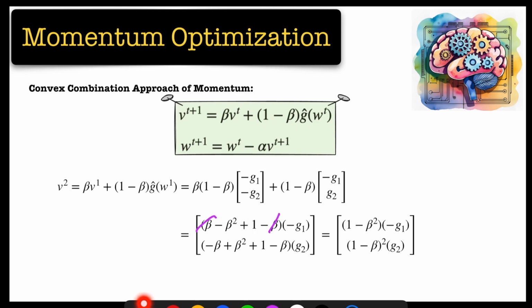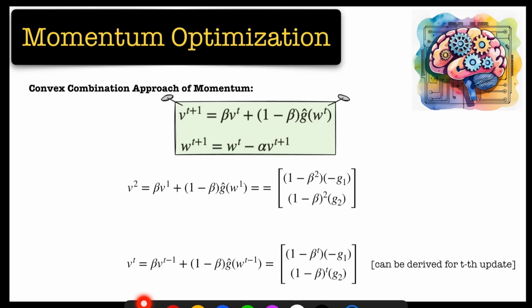So we get (1 − β)² times G2. This is the velocity V2 for the second iteration.